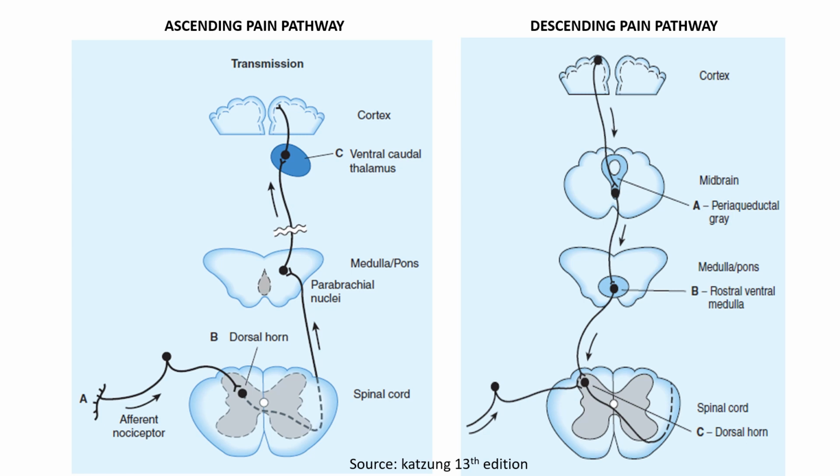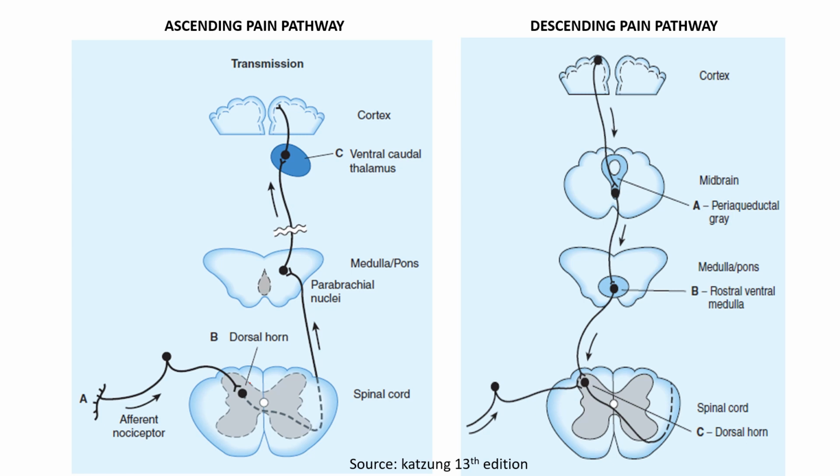It sends inhibitory neurotransmitters, so that the perception of pain is halted at the level of the dorsal horn of the spinal cord. It prevents the pain impulse from ascending. But this descending pain pathway is always kept under inhibition. Only when the ascending pathway is stimulated, the inhibition gets released, and then it starts inhibiting the ascent of the pain stimulus.